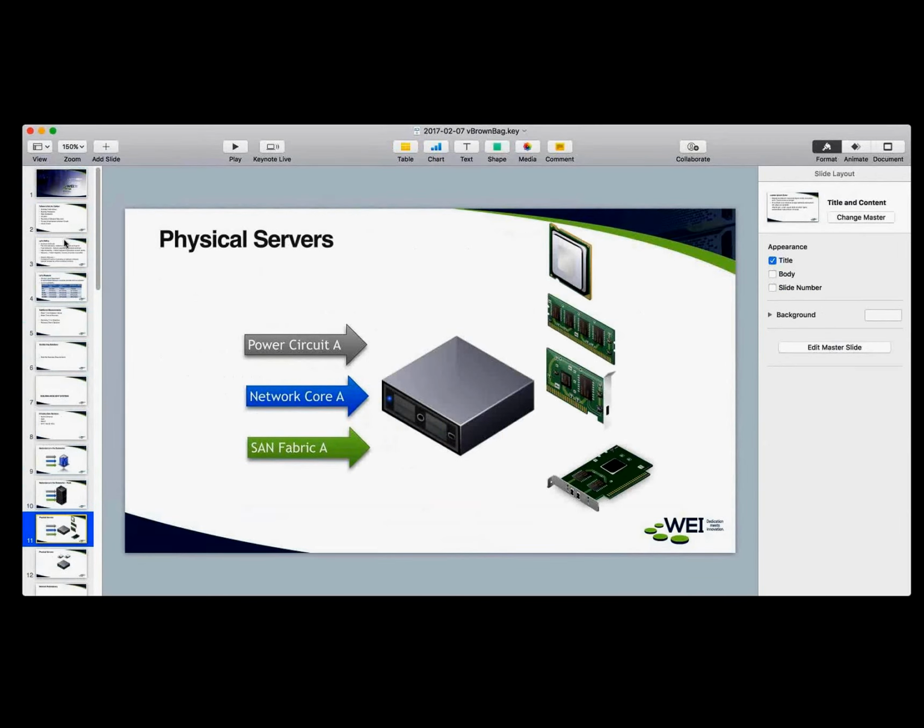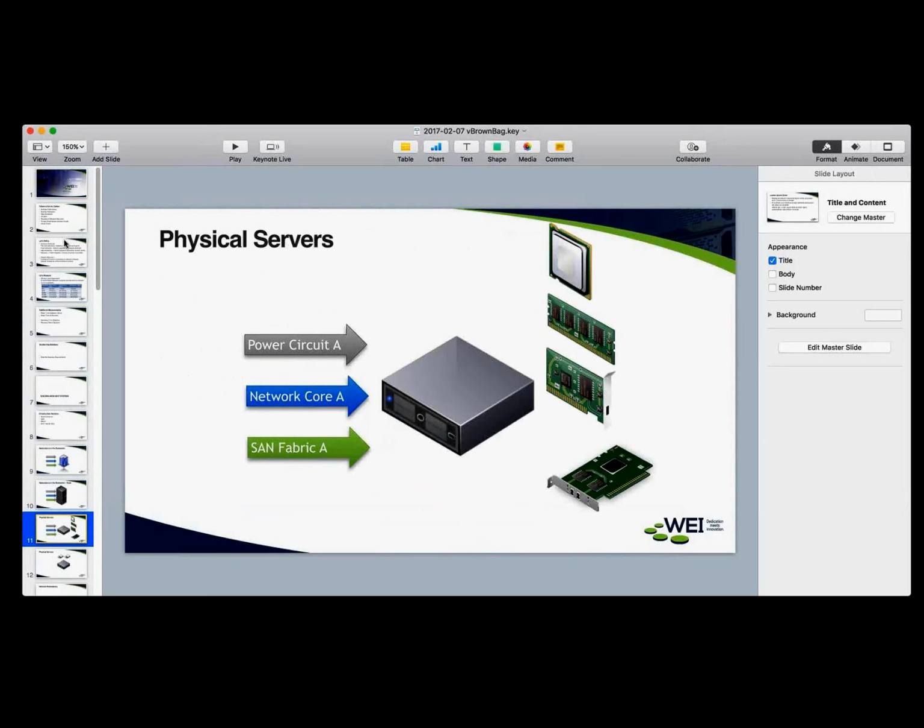Even in physical servers, we start looking at some of the components in there. I might have 2 10 gig LAN on motherboard connections for my network in some of the newer servers that are available today. That's great, but if they both happen to reside on the same motherboard or the same little PCI slot, that's potentially a risk.